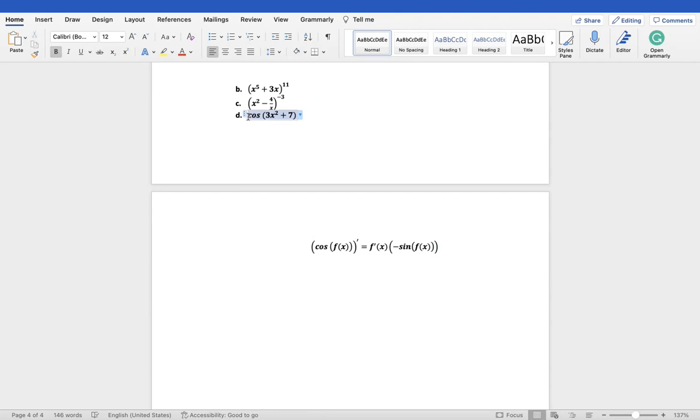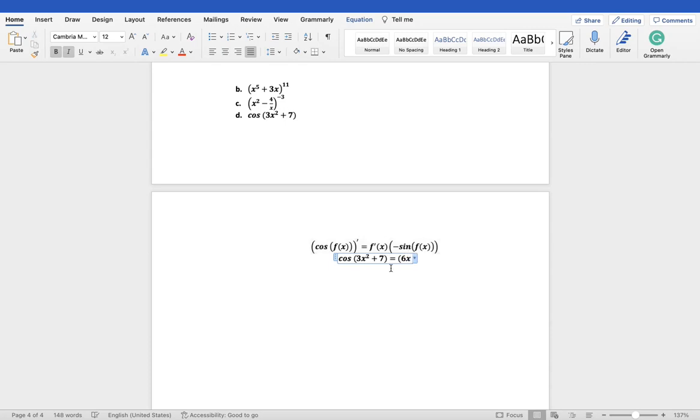So now let's apply it to this problem here that we have. If you apply the same rule to this problem here, what do we get? Our f of x is now 3x squared plus 7. And what's the derivative of that, guys? 6x.